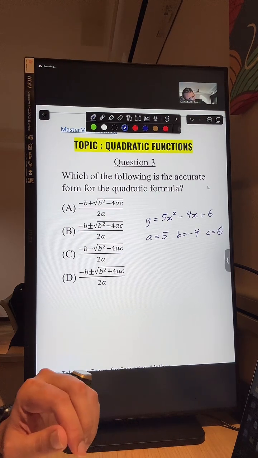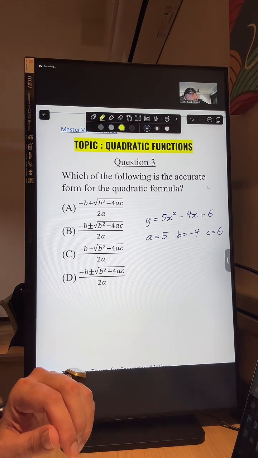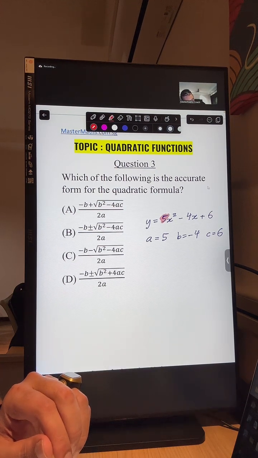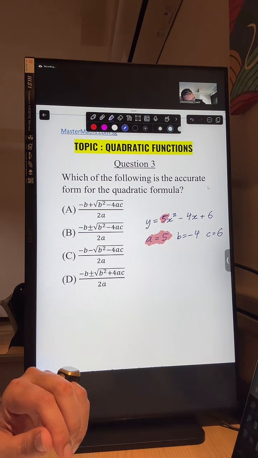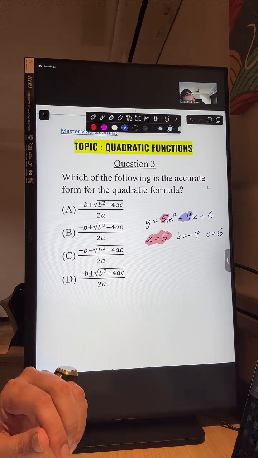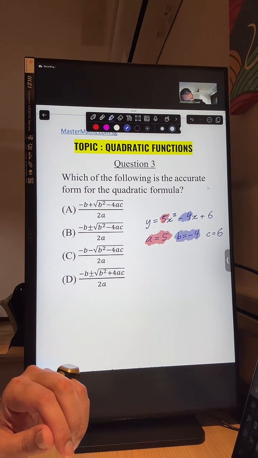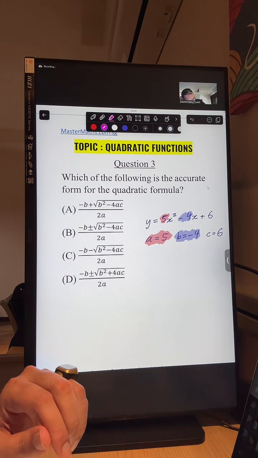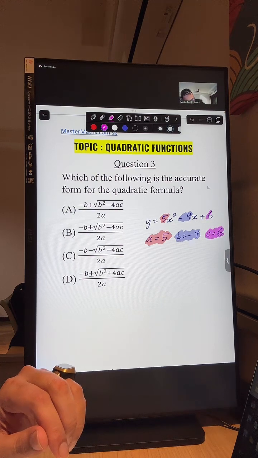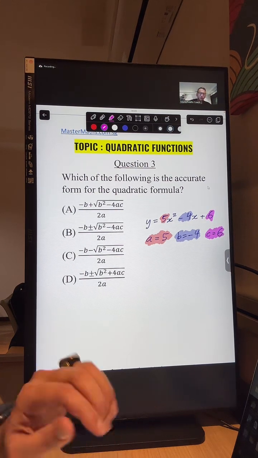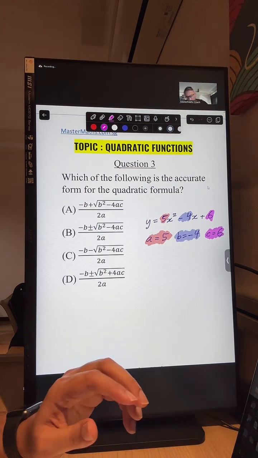Okay, so maybe I'll use a highlighter to show this. You can see this is your A, this is your B, and this is going to be your C. So don't mix it up.